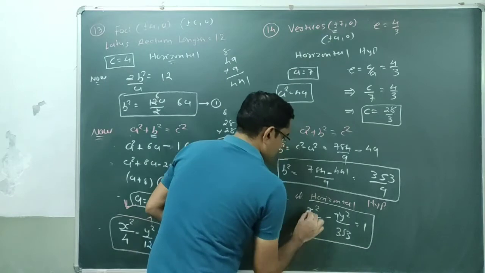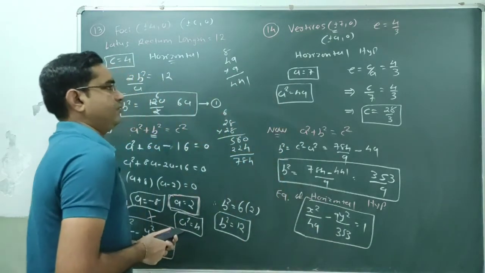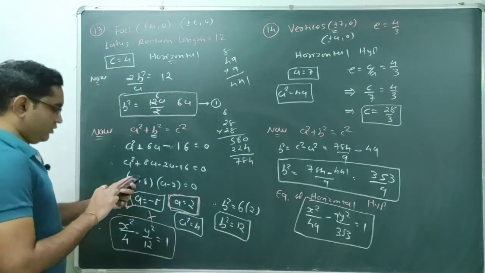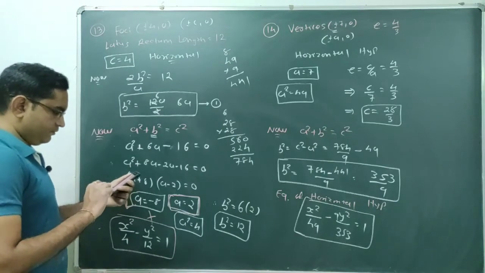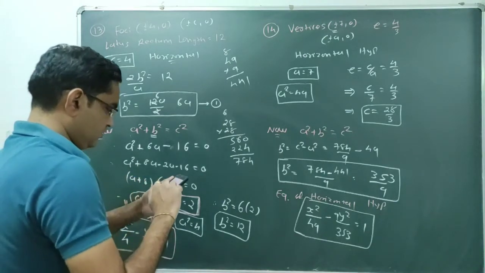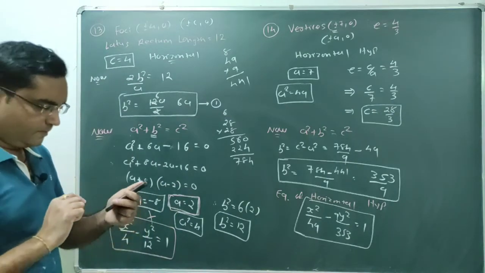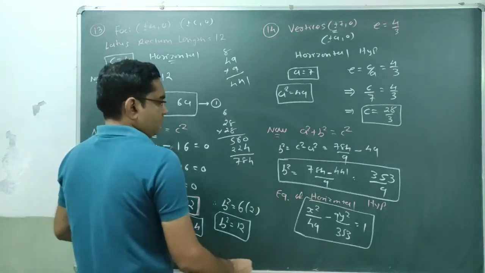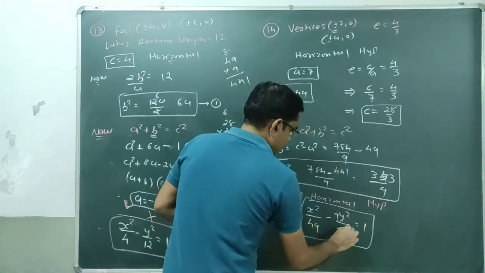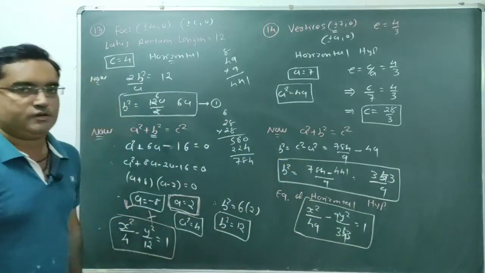This is the equation of the required hyperbola. Clear students? So this is your question number 13 and 14. आंसर देख लेते हैं। ओके वेरी गुड। चलो 343 है ना, सब्ट्रैक्शन 343 करेक्शन कर दो। This is your answer.